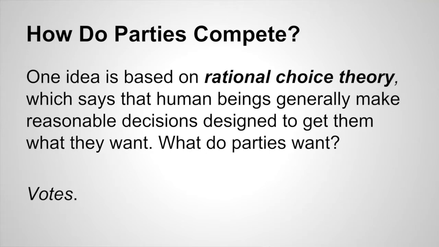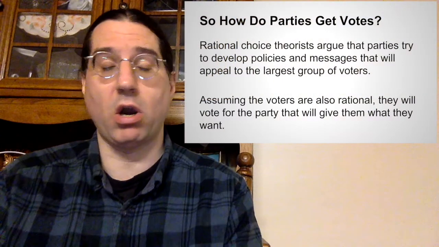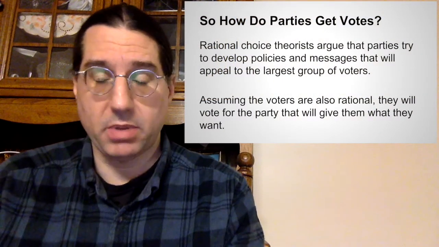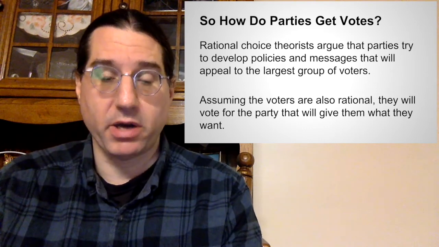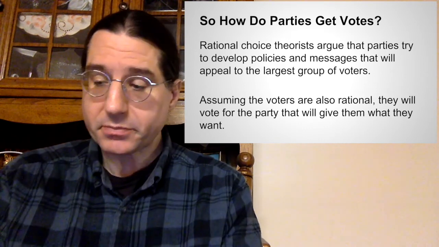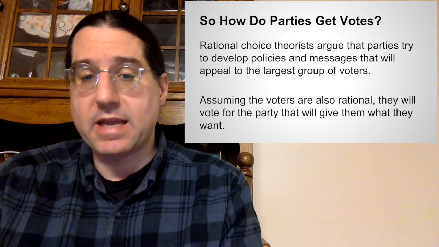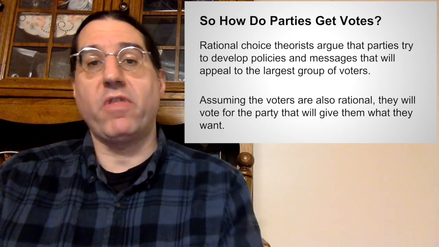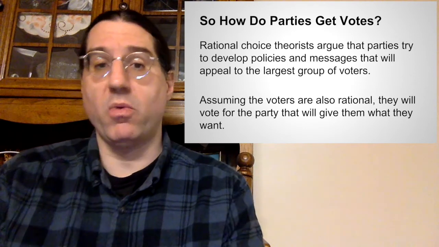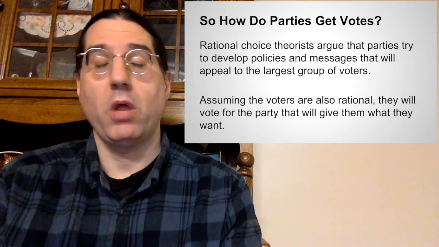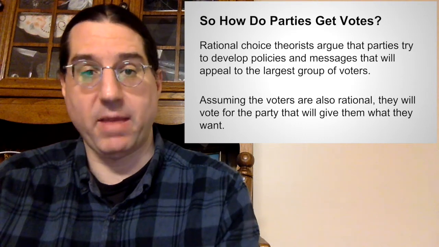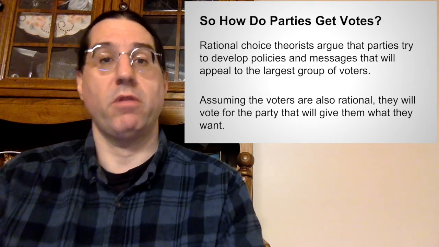So now the next question becomes, how do you get votes? And once again, political scientists are going to apply rational choice theory. The idea is that if the voters are being rational, they will vote for the party that would give them the things that they want.